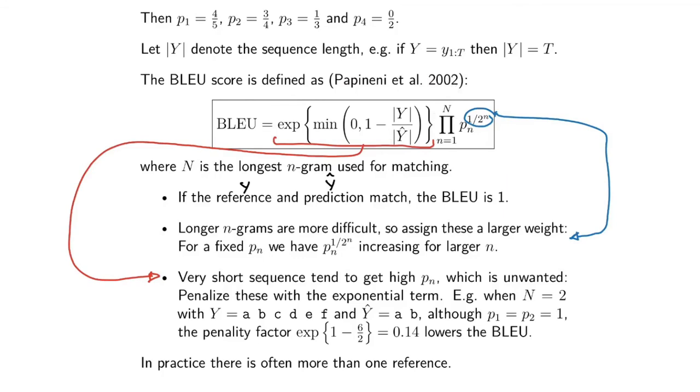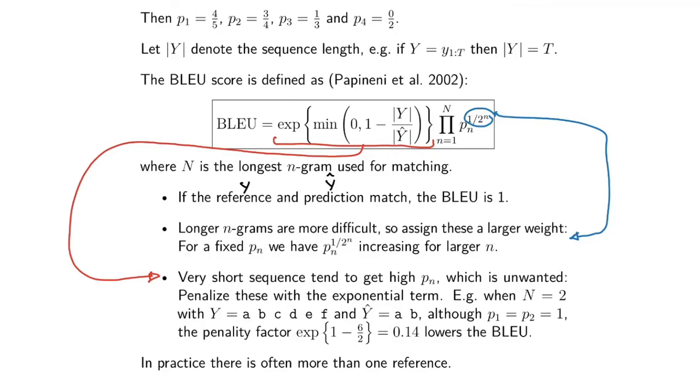Okay. The last thing I wanted to say about BLEU is that in practice there's often more than one reference, and this is because when I ask you to translate a sentence from Afrikaans into English or from isiXhosa into English, if you ask 5 people, they might actually give you 5 slightly different translations, right?